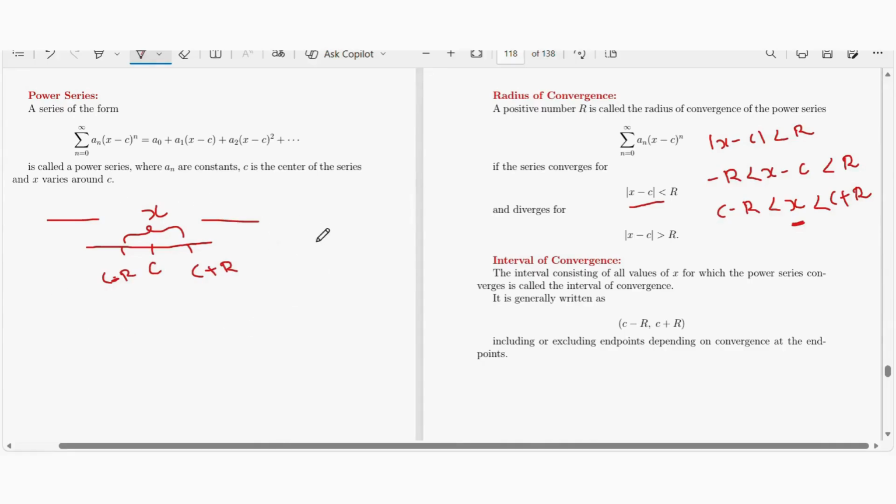Okay. So r is the radius of convergence. Means we are interested to find the distance r from c. Okay. So this distance is nothing but distance capital R. So this is known as radius of convergence, and this interval is known as interval of convergence.